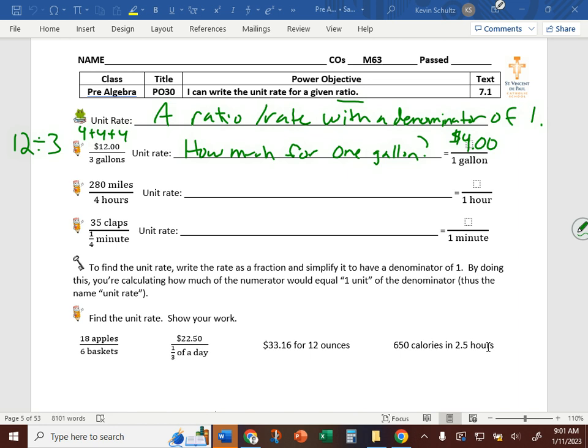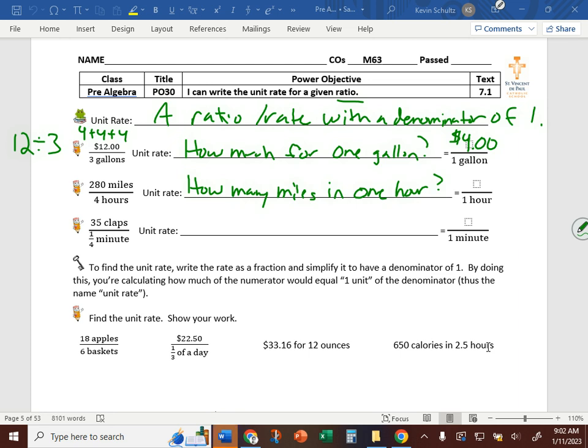If we're looking for the unit rate, we're asking the question, how many miles in 1 hour, right? I've written that rate over on the side for you to get that unit rate. We're just comparing it down to 1 of whatever unit we are talking about. So if you can go 280 miles in 4 hours, probably we're assuming we're driving here, okay? How many miles is that in 1 hour?